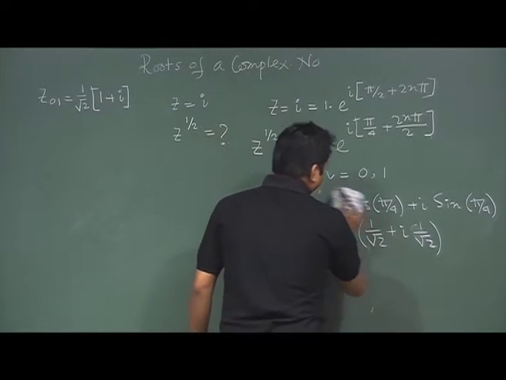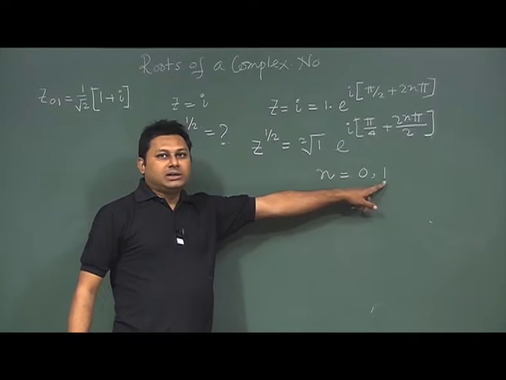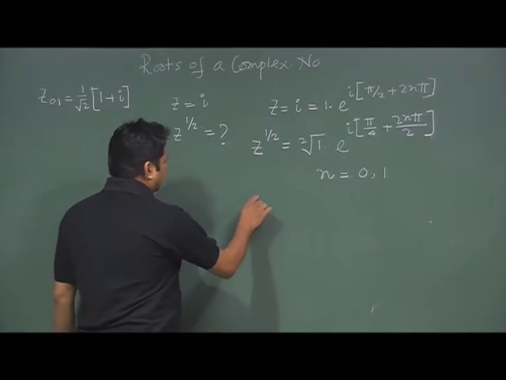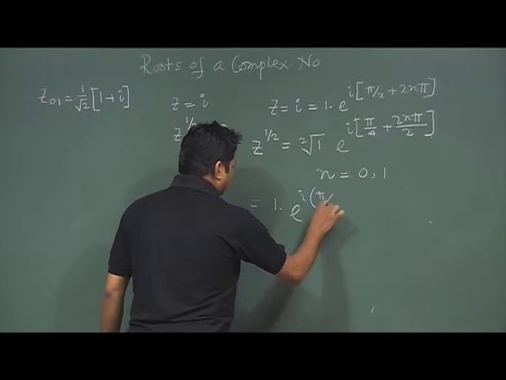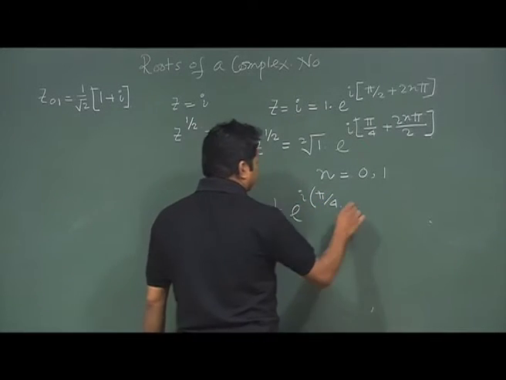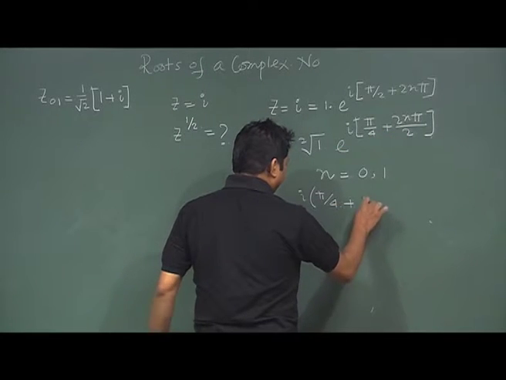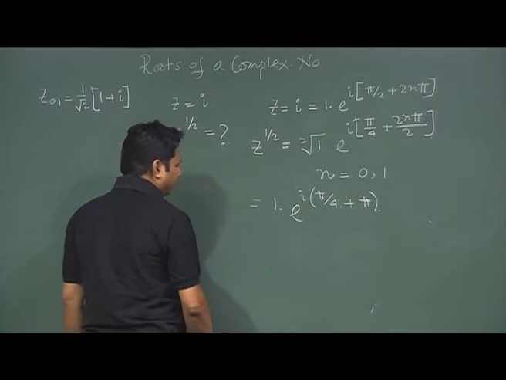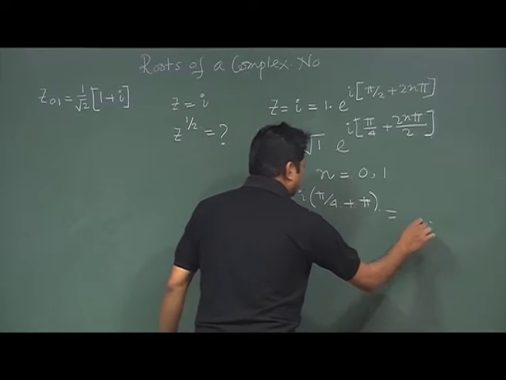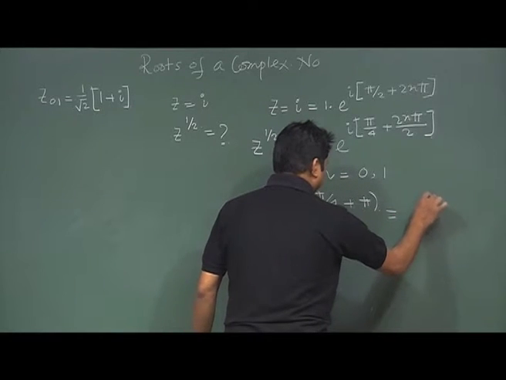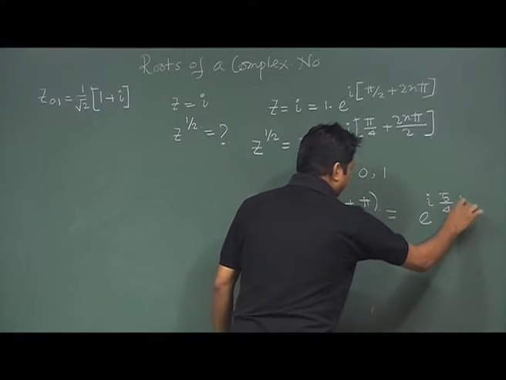What about the second root? For the second root, the n value should be equal to 1. So, if I do that, then it should be 1 multiplied by e to the power of i(pi by 4 plus pi), since the 2 cancels out when I put n equal to 1. This is e to the power of i 5 by 4 pi.